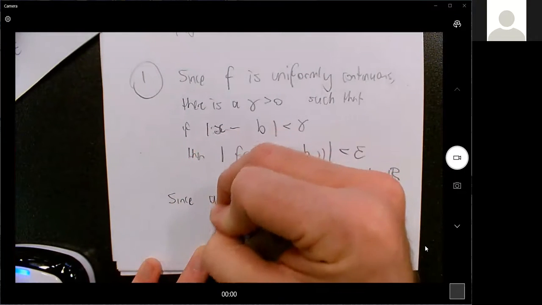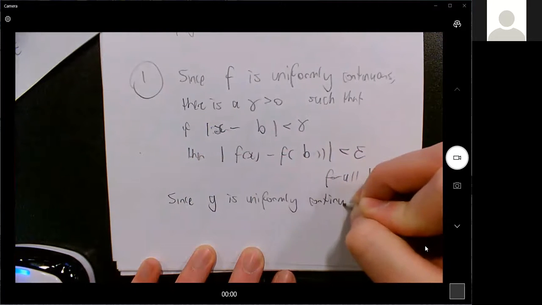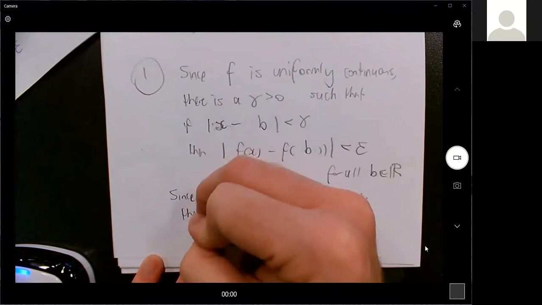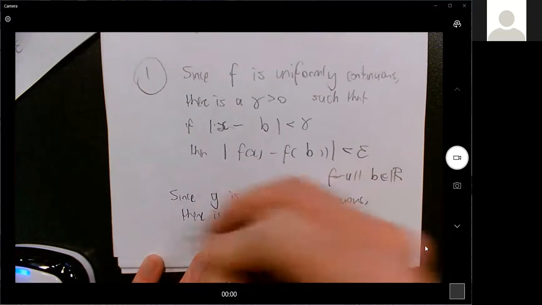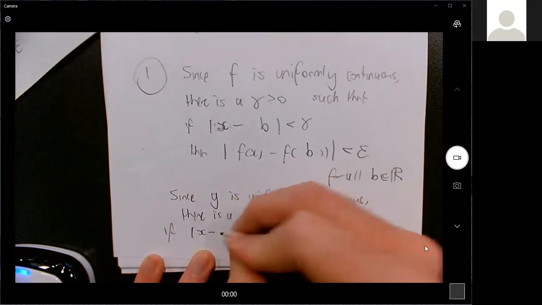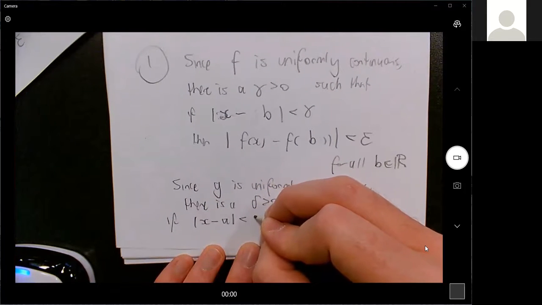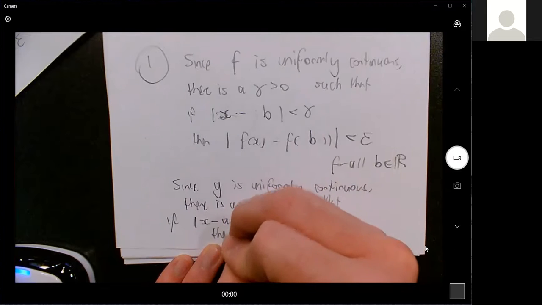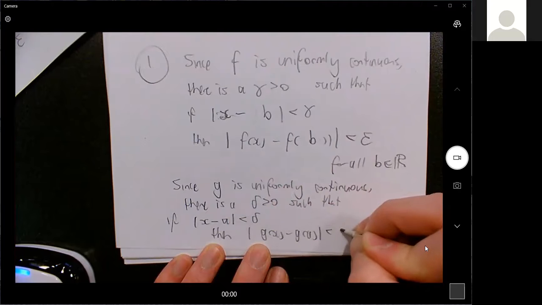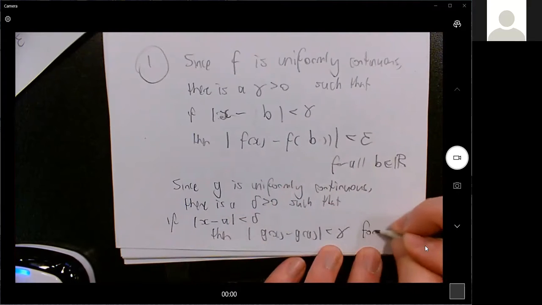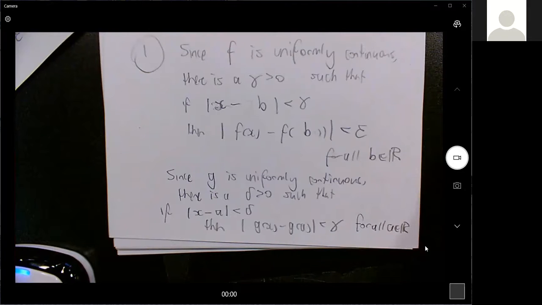Since G is uniformly continuous, there is a delta greater than 0 such that if the distance between x and a is less than delta, then the distance between g of x and g of a is less than gamma for all a in R. Okay, sweet.